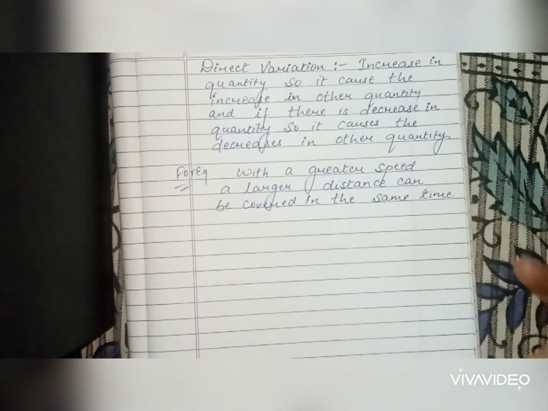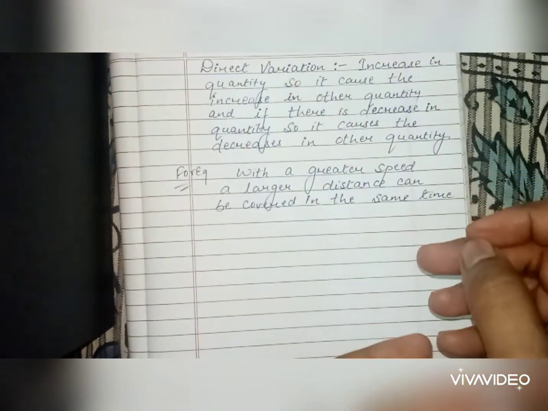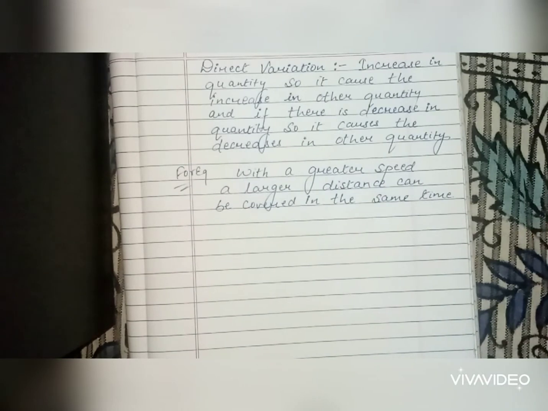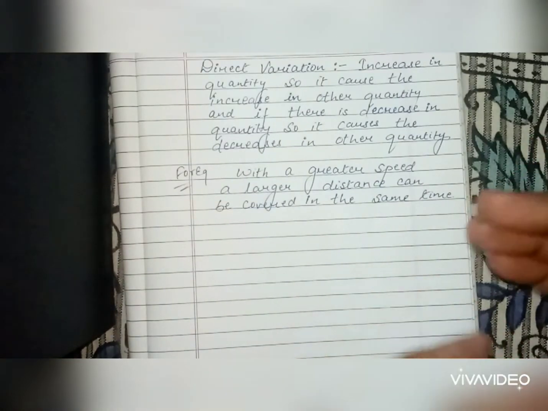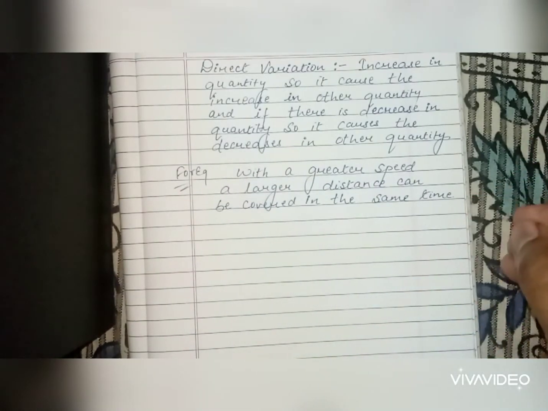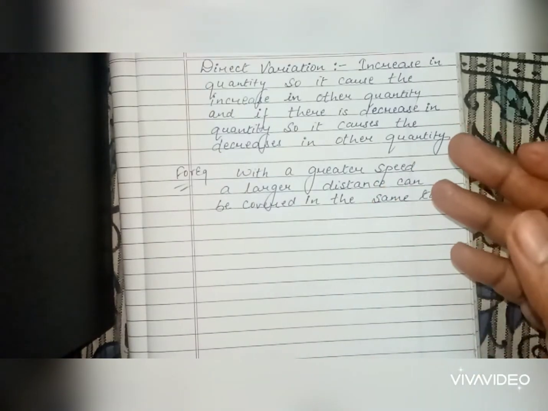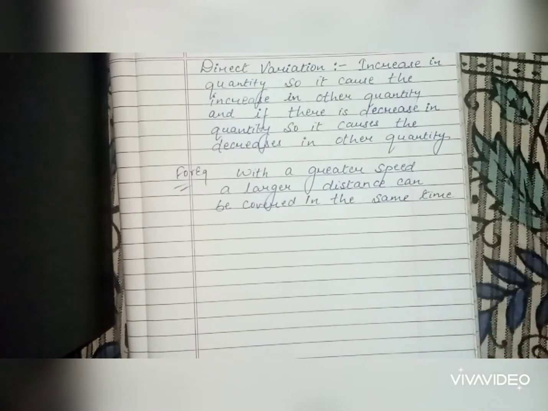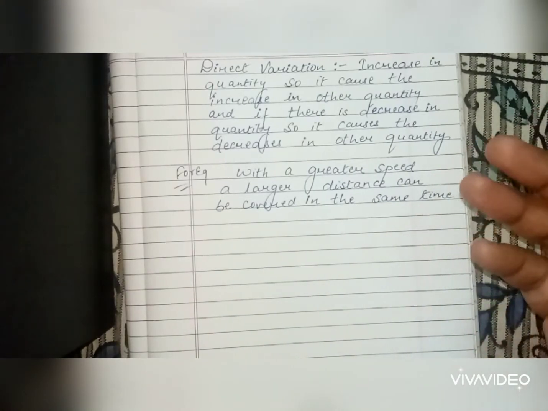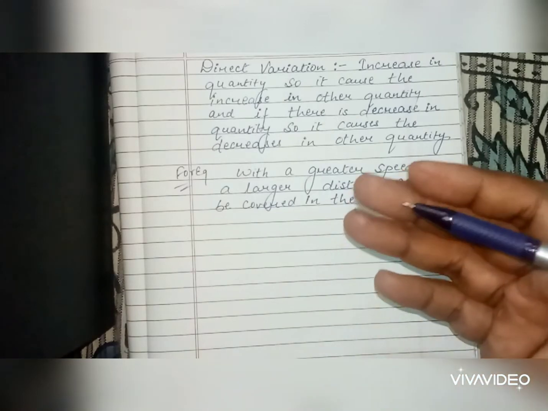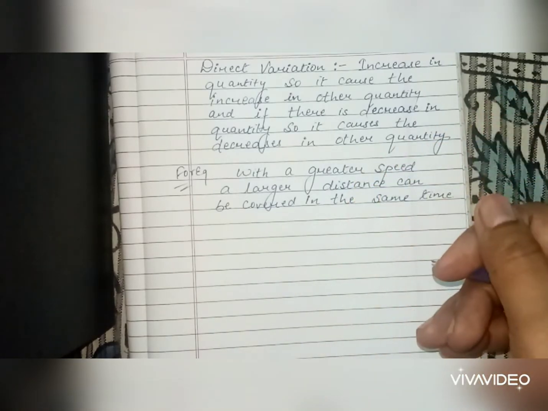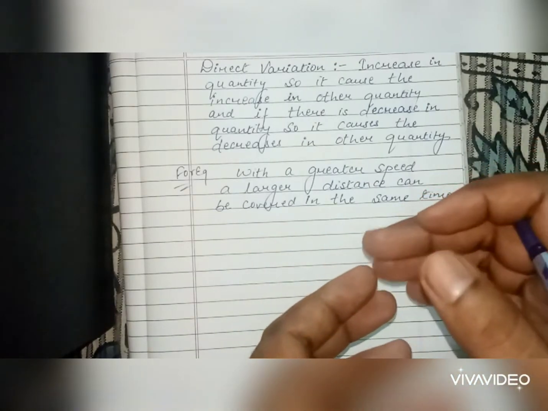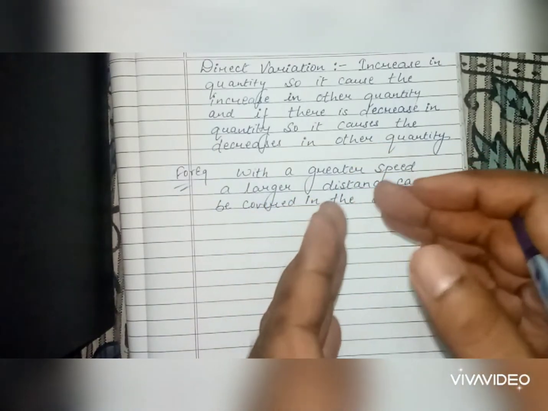If you have to cover a distance which is very far from your home in a given interval of time, suppose in 1 hour you have to cover near about 60 kilometers, the distance is more, so accordingly the speed will also increase.